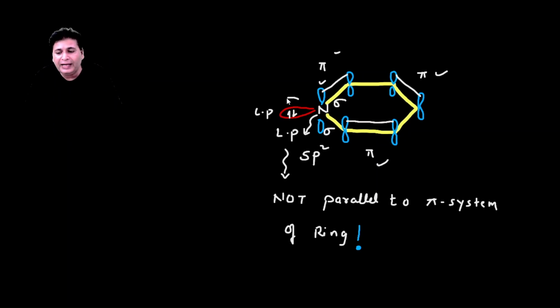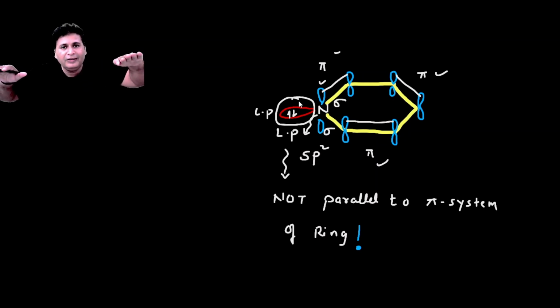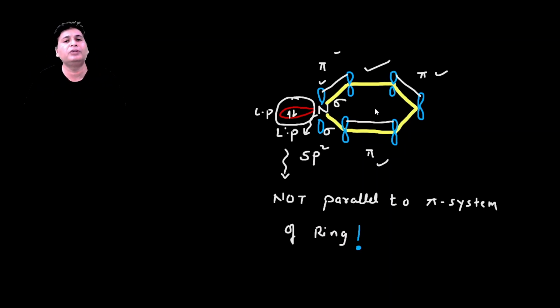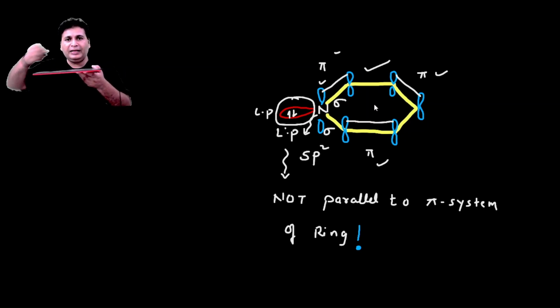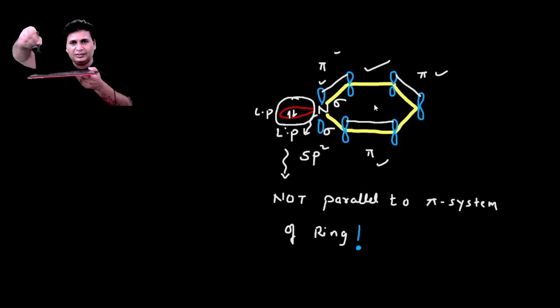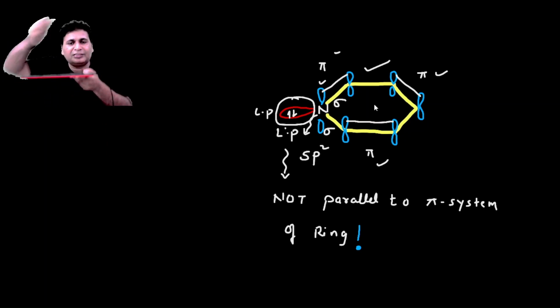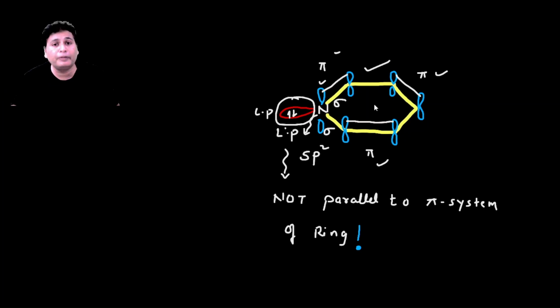So once you find that this lone pair is in the same plane as the ring, then you come to a logical and technical conclusion that this lone pair is not parallel to the pi system of the ring. Because if, for an example, this is the ring and there is a pi system like this, the lone pair is like this. So the lone pair is perpendicular to the pi system of the ring and therefore not parallel.